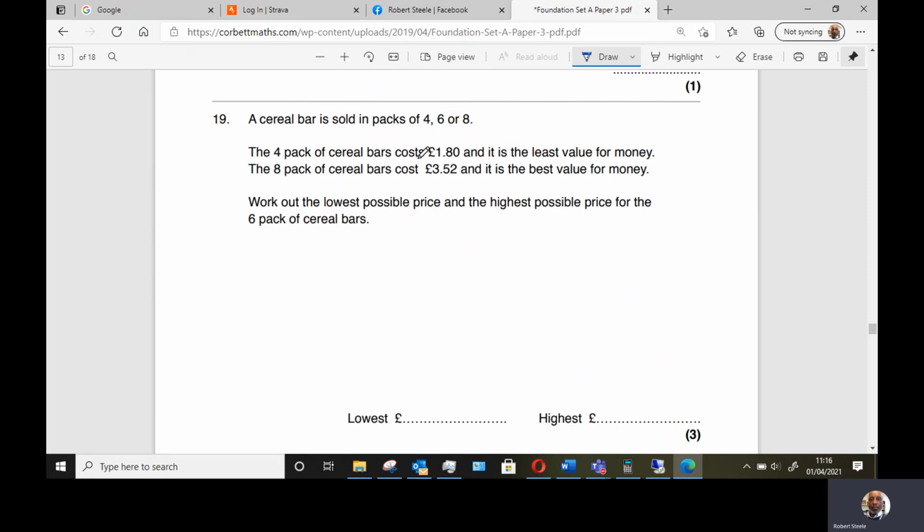Okay, not seen one quite like this before. Might take a bit of reading here. This is the least value for money. Well, I think I'm going to start out by saying 180 divided by 4 means if you buy a 4-pack, they are 45p each.